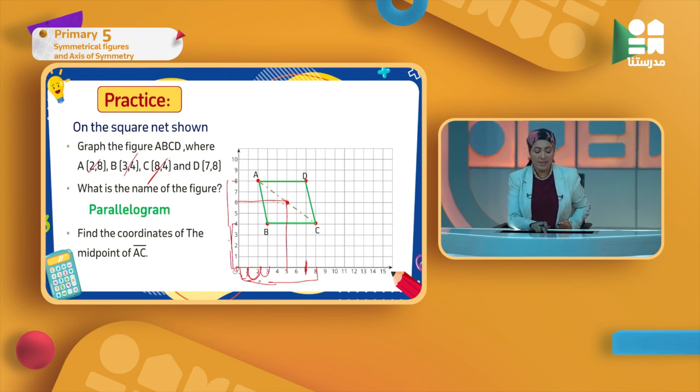So my coordinates now are 5 and 6. So the coordinates of my midpoint are 5 and 6.